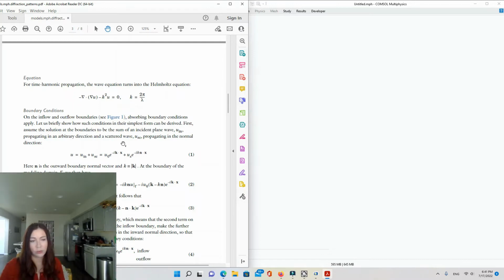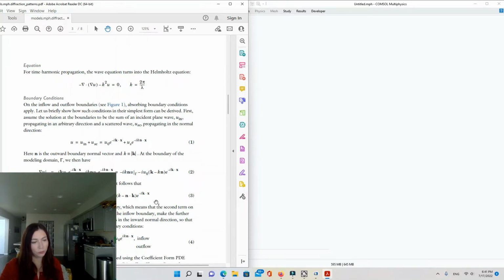So we've done direct substitution for u naught plus u sc and evaluating the Helmholtz equation, and you end up with equation 2. It then follows that equation 3 is true.